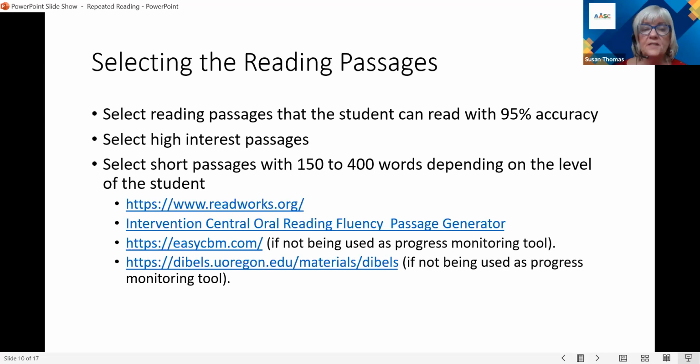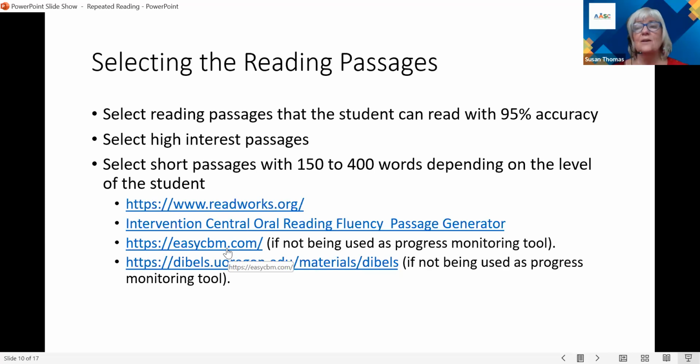So here are some websites. ReadWorks has some free leveled materials that you can get. Intervention Central has an oral reading fluency passage generator where you can put passages in, and it'll tell you the level, and you can create some short passages. Easy CBM has progress monitoring probes you can use if you're not using them for progress monitoring for your students.